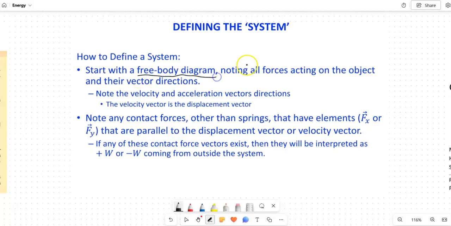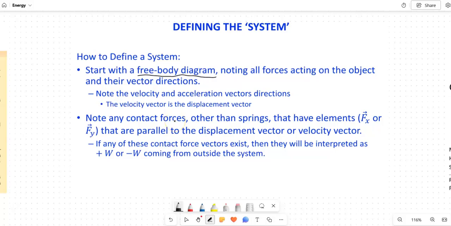So we're going to be drawing free body diagrams, and then we're going to look at all of those forces acting on the object and their vector directions. We're also going to note the velocity and acceleration vectors. Okay. We're going to note any contact forces that might be changing or parallel to the displacement vector or the velocity vector.